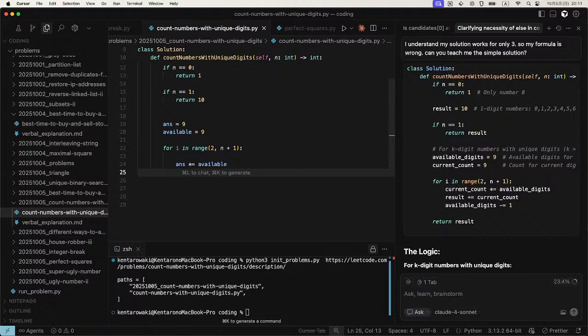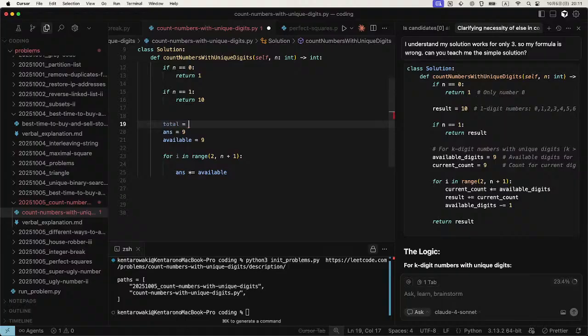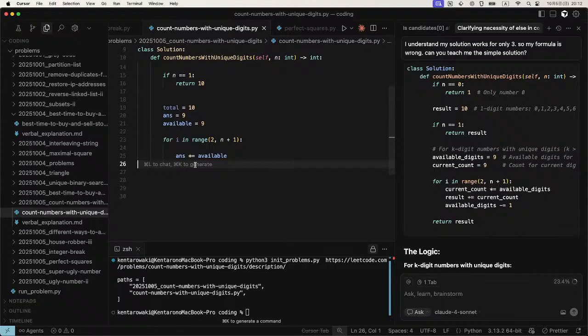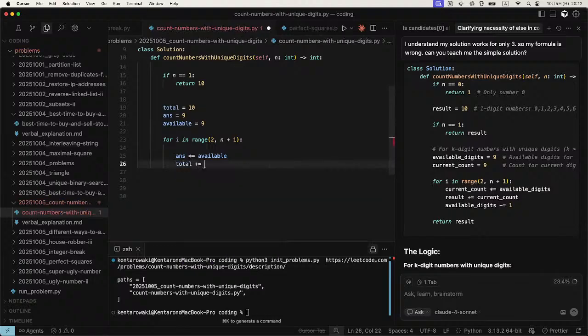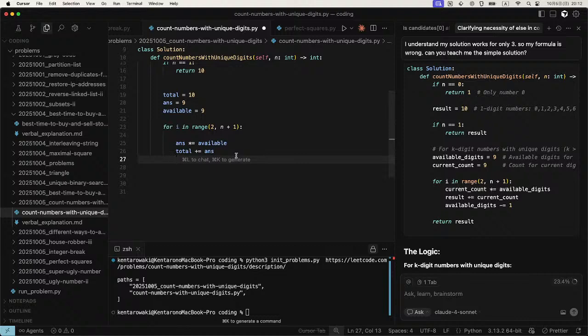The total unique numbers would be 81. It's 9 times 9. Okay, but the total is 10 already, because when we think about only one digit, there are 10 unique numbers already, 0 to 9. And when we think about the 2-digit numbers, the total number of unique ones is 81, and it would be added to the total like this.